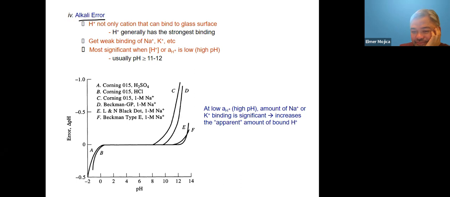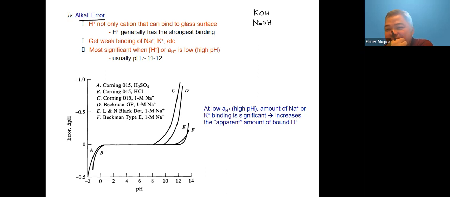Okay lang nangyayari itong alkali error mo when you put it in a high pH. So kapag high pH ka, wala kang H+. So usually, anong merong ion kapag high pH? Especially yung source ng ano mo, base mo ay either what? KOH or NaOH.